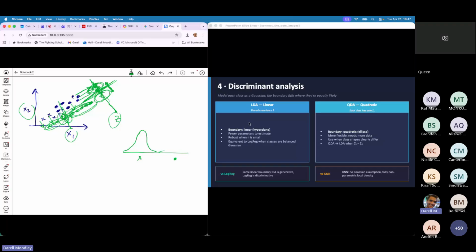That's what it's assuming. So it makes that assumption, whereas logistic regression doesn't make that assumption.